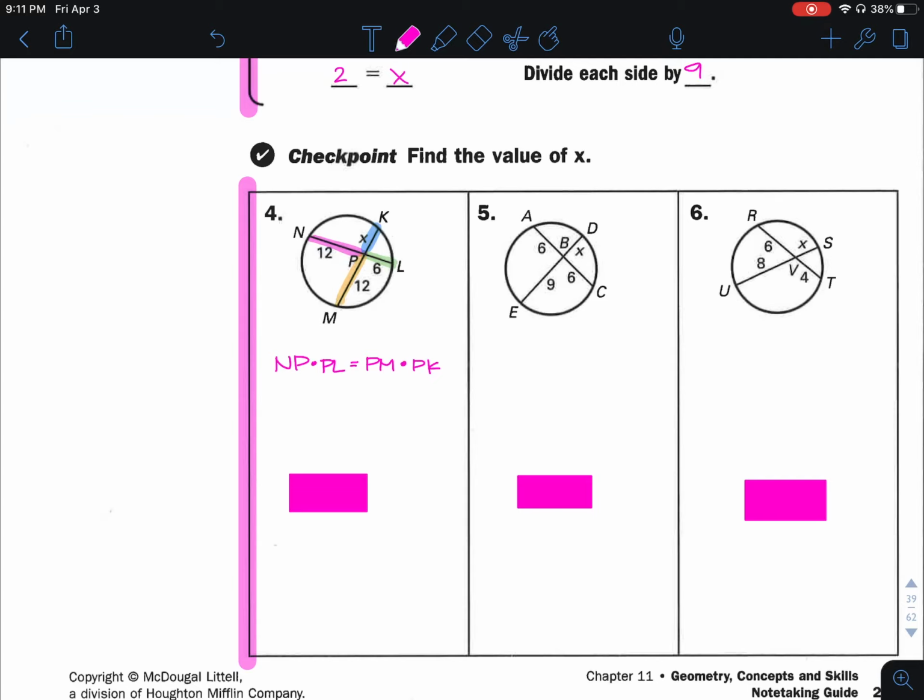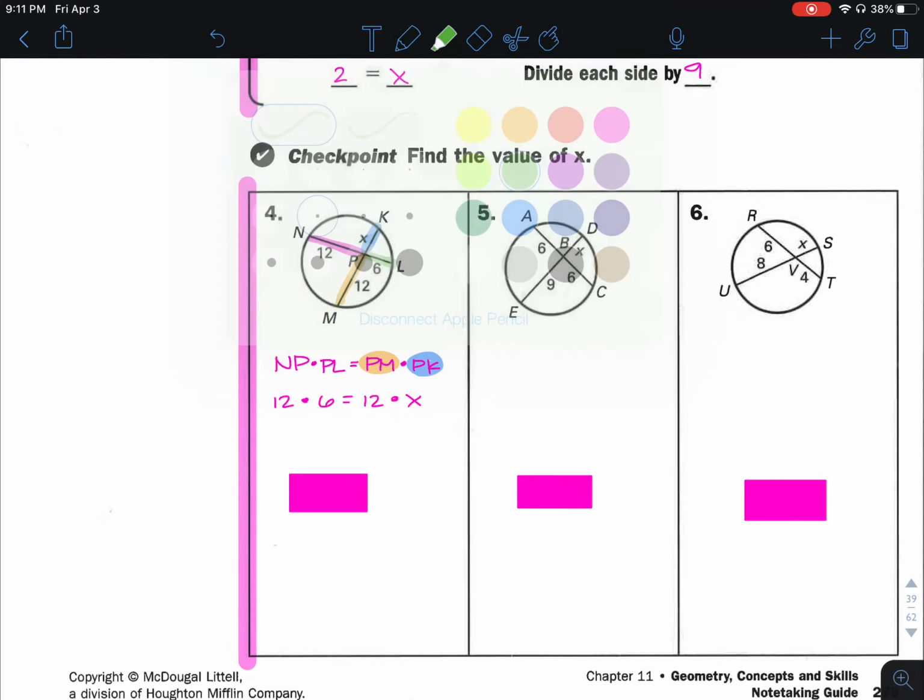In my pink, NP, I have 12 times my green, 6, equals my orange, which is 12, times my blue, which is X. This is my blue. This is my orange. This is my green.